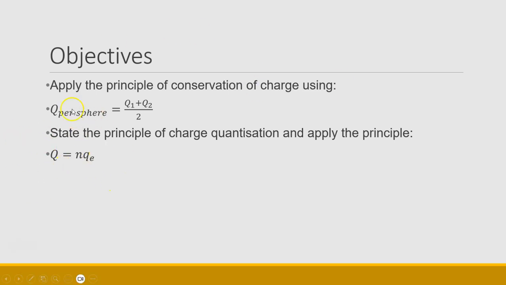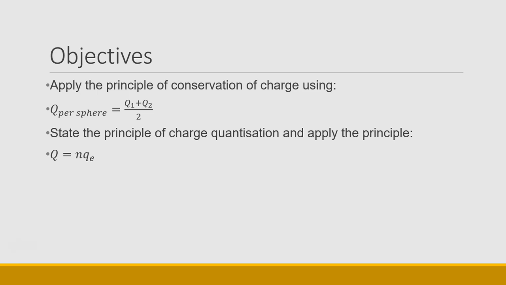We will state the principle of charge quantization, and we'll apply this principle based on this formula. Now, what charge quantization means is that every electron has a specific charge associated with it, and every proton has that same charge associated with it, except that it's positive instead of negative. But any charged object has to have a charge that is a multiple of the charge of one electron or the charge of one proton, and that's because we don't get a piece of an electron.